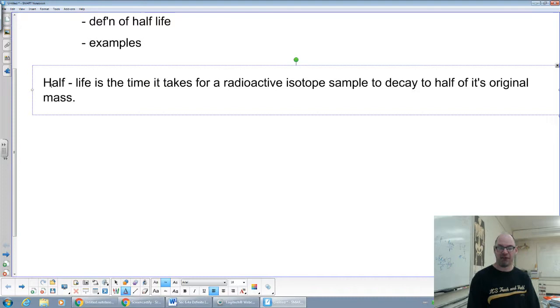And that's what half-life means. That is actually an exponential equation, and half-life can be quite different as well. And we'll talk about that in a minute.